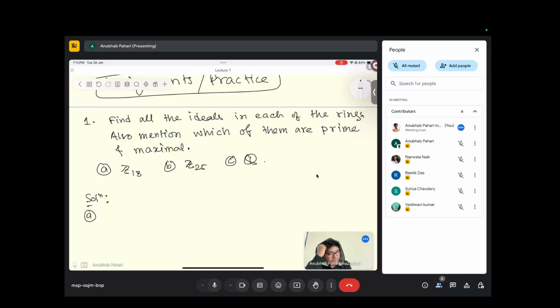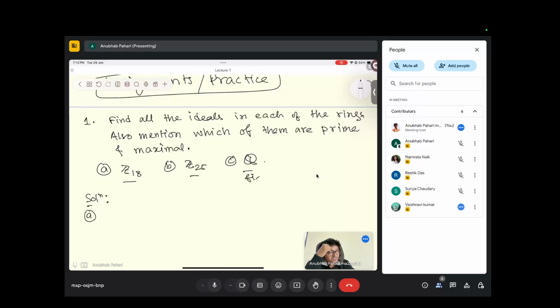And can you tell me which are the prime and maximal ideals? These are not integral domains, right? The first two are not integral domains, but the third one is a field.